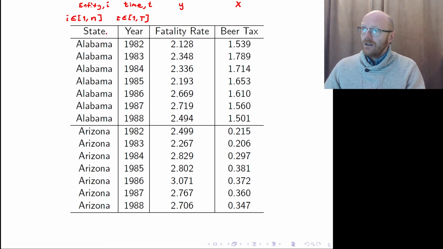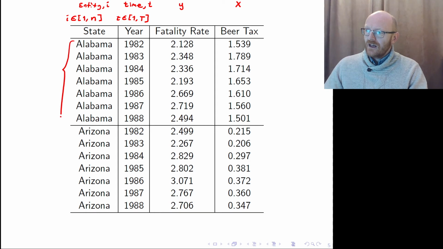Because in panel data, you see that we have data for each entity over several time periods, and we have data for the same year over several entities, right?